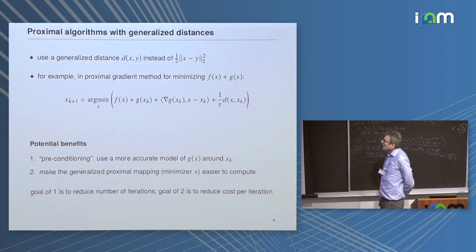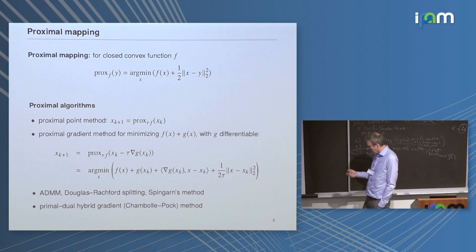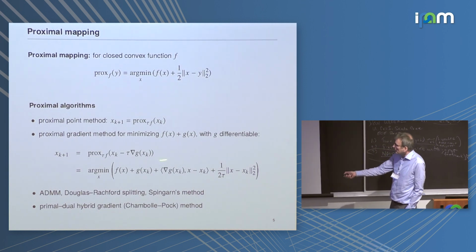So for example, in the proximal gradient methods, if this is the proximal gradient step and you plug in the definition for the operator, you get this more explicit form. So at each iteration, we keep the non-differentiable part of the objective. We linearize the differentiable part and add this quadratic regularization term.